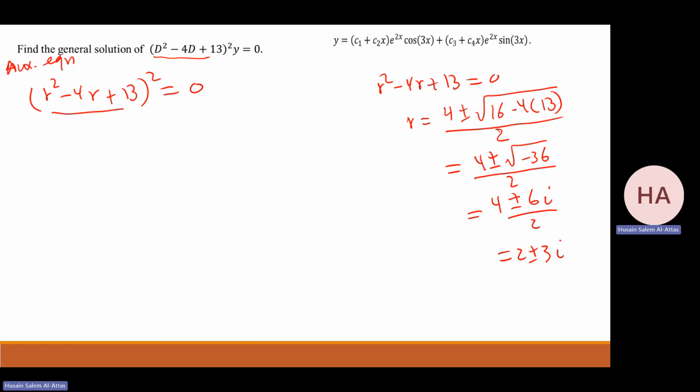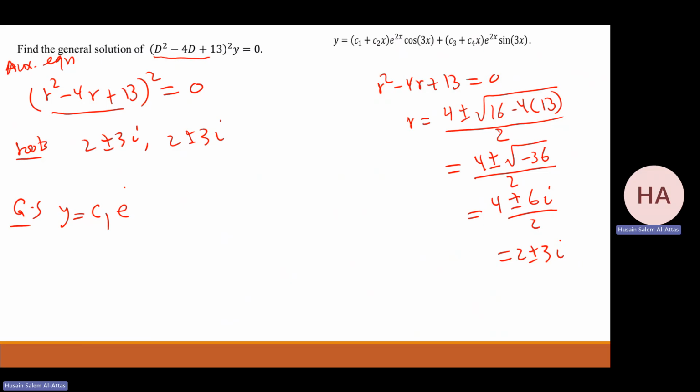Okay, so what will be my solution? The roots, what are the roots? They will be 2 plus or minus 3i, repeated. So what will be the general solution?